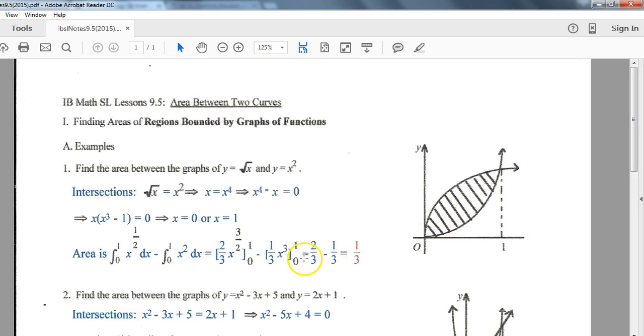So the other thing you have to identify is where those two graphs intersect. So the left boundary is this point of intersection, the right boundary is this point of intersection, and so that's what's going to create the definite integral from the left boundary to the right boundary, are those 2 points of intersection. That can be done on a calculator as well.